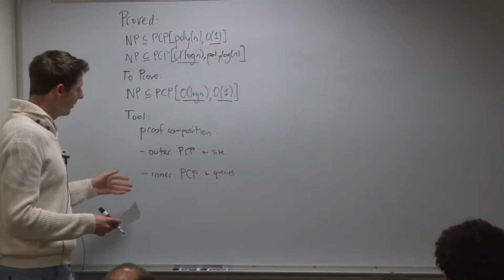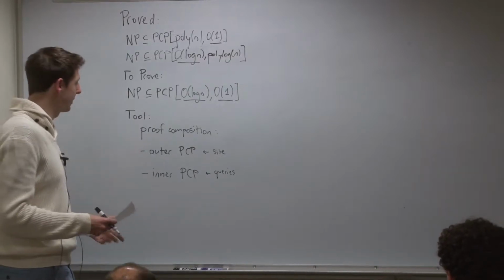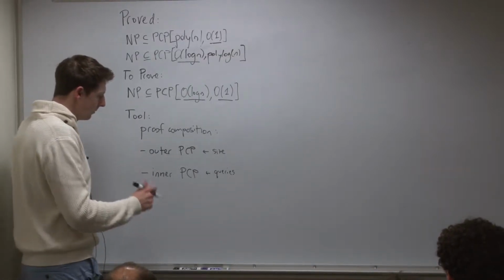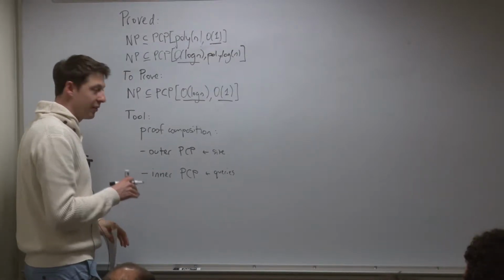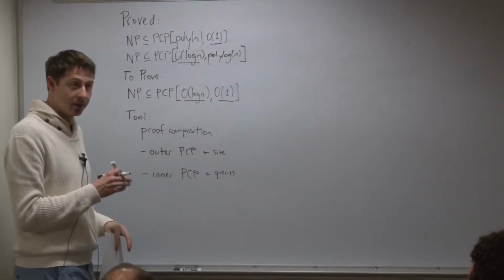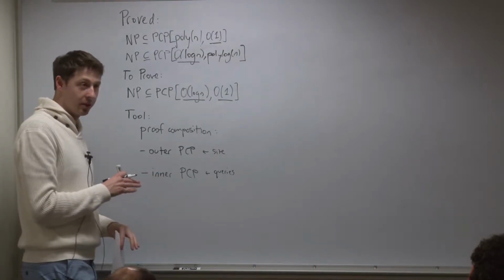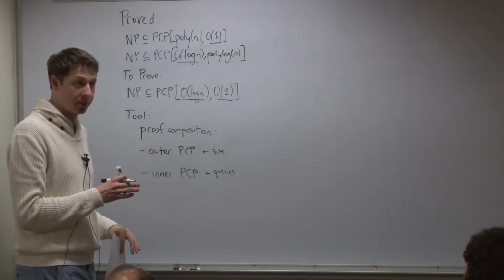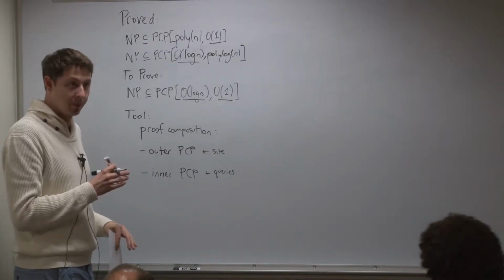Now, from a technical perspective, carrying out this plan actually requires a little bit more work in the sense that the outer PCP is going to need to satisfy certain additional properties beyond being just a plain PCP. And the inner PCP will need to satisfy certain additional properties different from the outer ones, beyond just being a PCP.